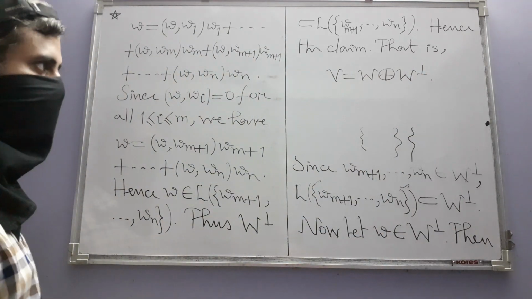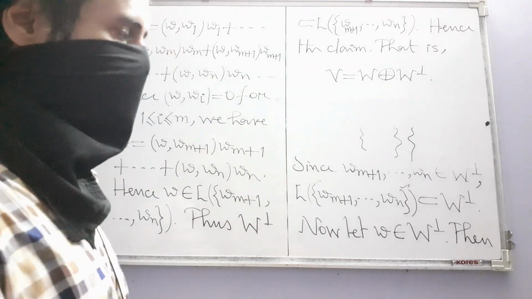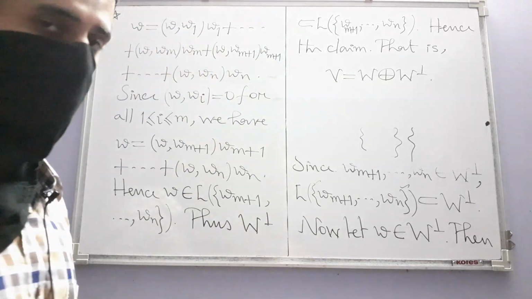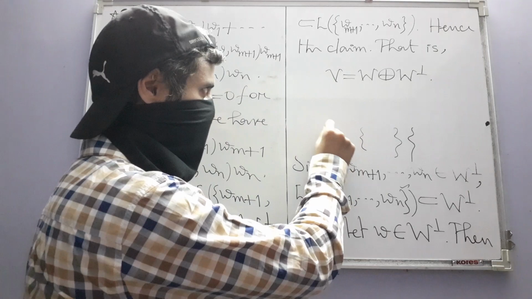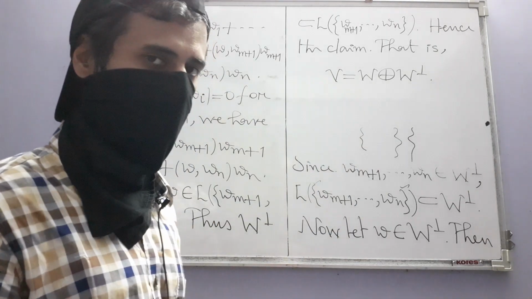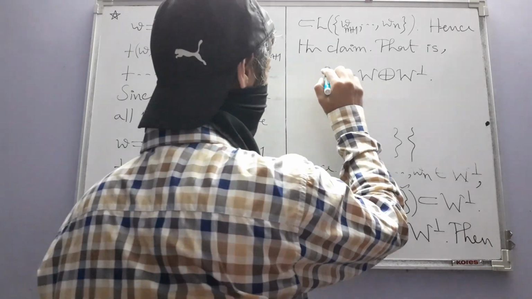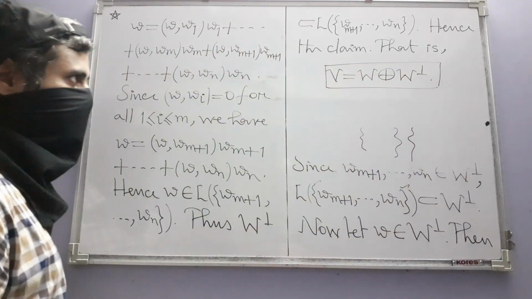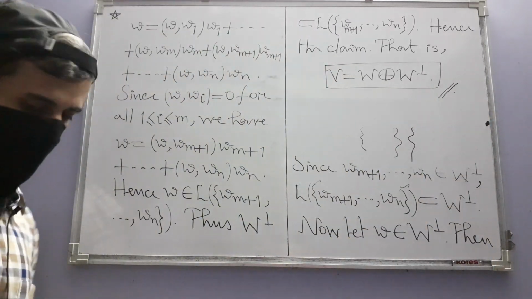Well, you may ask that we have only shown that V is the sum of W and W orthogonal, but we know that these two subspaces intersect trivially. The only common vector is the zero vector. So that's why the sum is a direct sum. So that's how we have another proof of that theorem. Okay, and this is where the solution also ends.